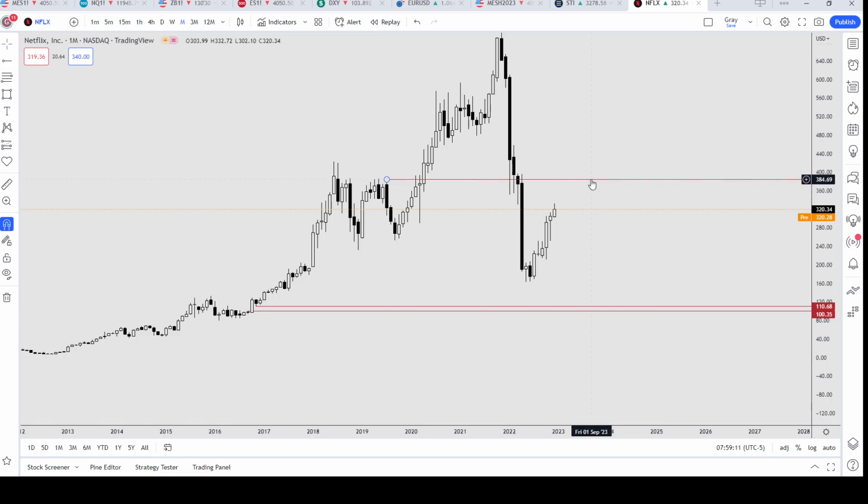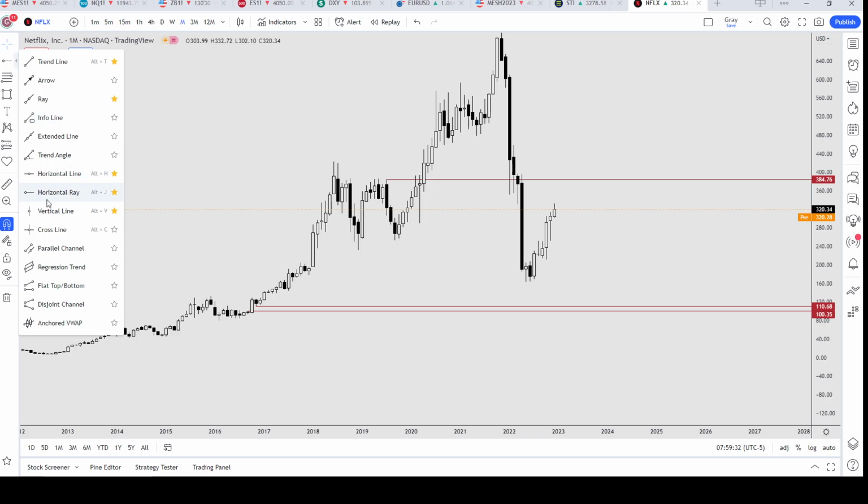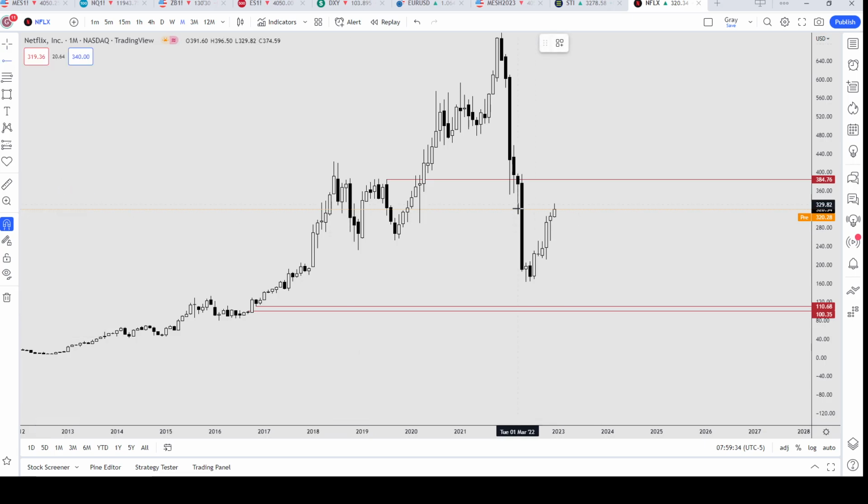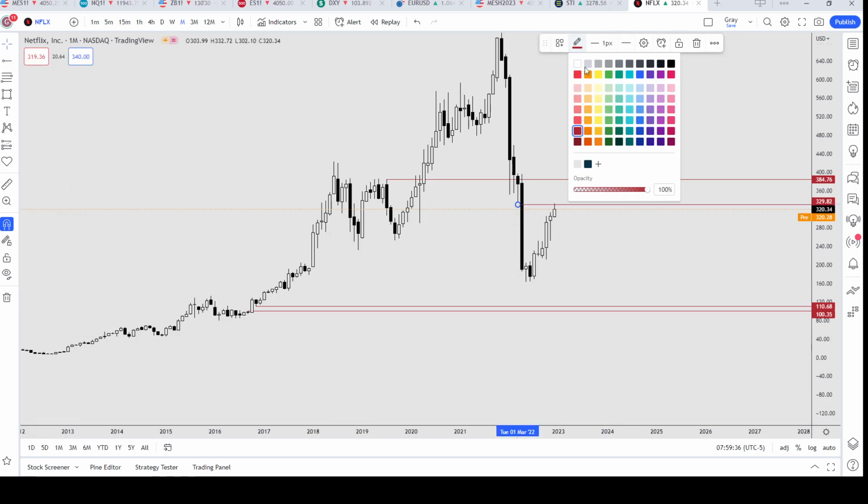Price should not exceed this level here, 384.76. I'm thinking a breakdown is coming very soon, because it has filled this fair value gap to the brim right here.